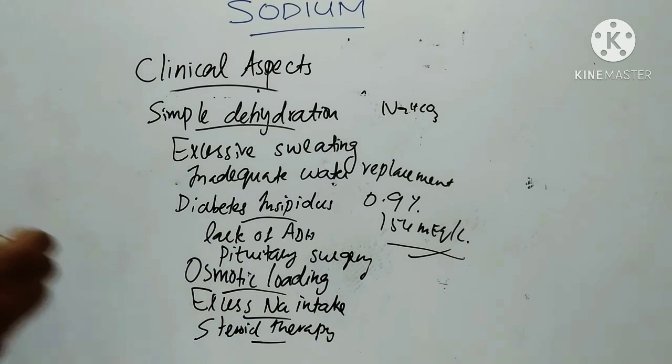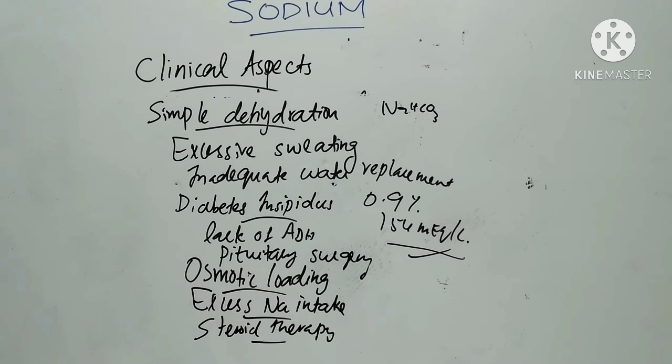Next one is steroid therapy. Mineralocorticoids control the metabolism of sodium. They cause the kidney to absorb sodium from the glomerular filtrate, so it results in increased plasma concentration.